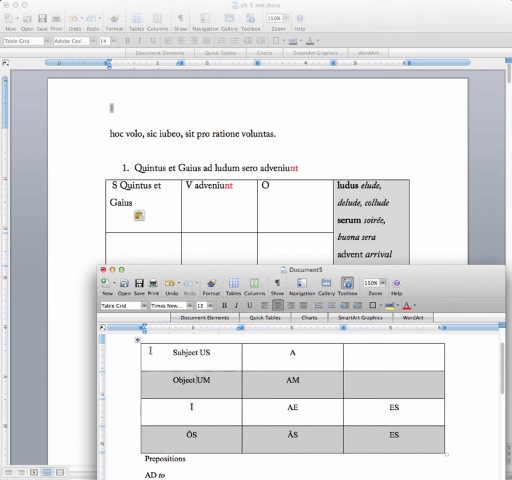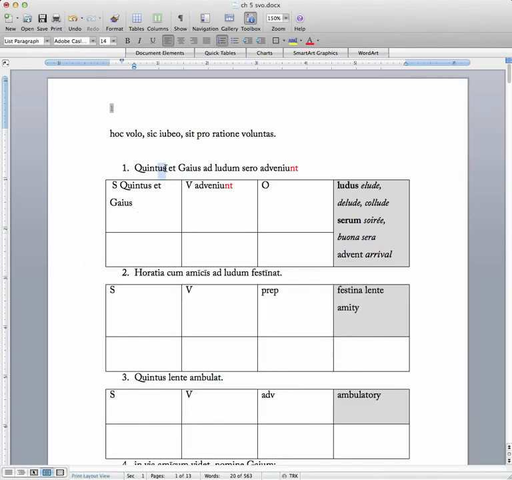So the things in white, the white rows, are nominative, and they end in US. So Quintus and Gaius, you notice, both end in US, so that makes them nominative. So they go in the subject slot.